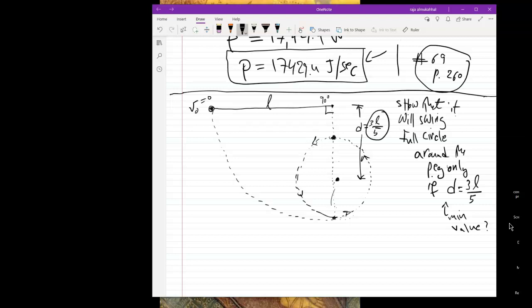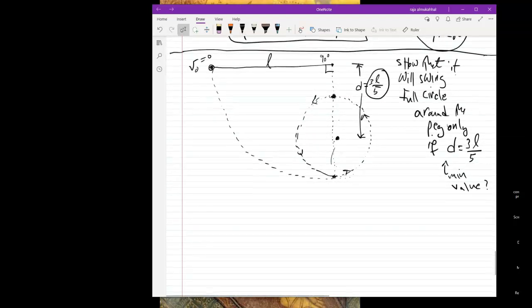Okay, how do we do it? First of all, let's use the conservation of energy. So what is the total energy of the bob? We are basically following the bob.